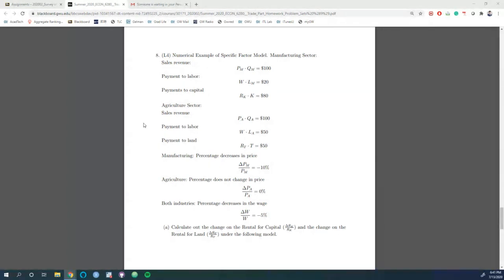And in the agriculture sector, there is another specific production factor called land, right? So we try to figure out those two terms. The first one is called the rental for capital. What's the meaning of this one? The rental for capital is just the revenue of the capital or the returns to capital, right? It's something the firm has to pay to use the equipment.